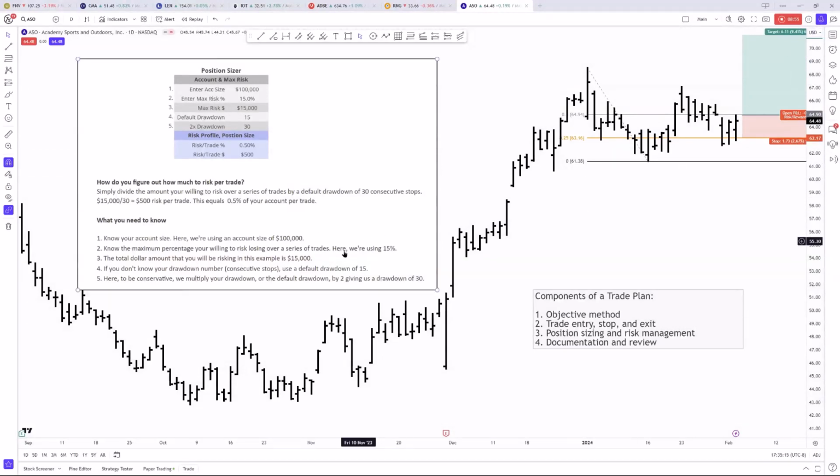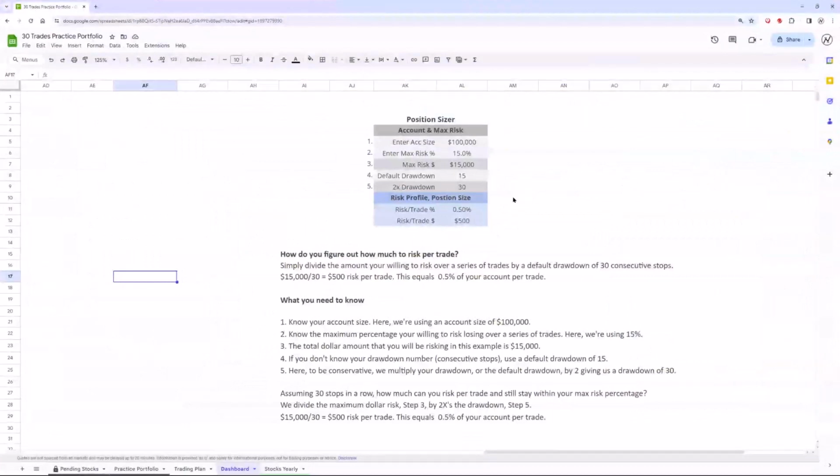Now I'm trying to make this as clear and simple as possible, and that's always a challenge and one of the things that helps me learn. So for instance, if I put this into a spreadsheet, you can play with these numbers a little bit. Let's say you had a $10,000 account and 15 was your risk tolerance.